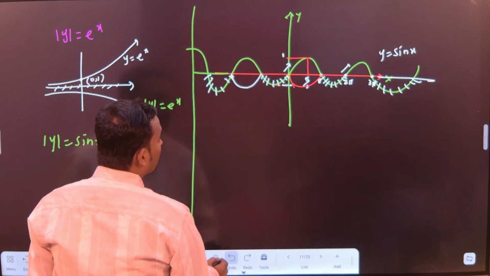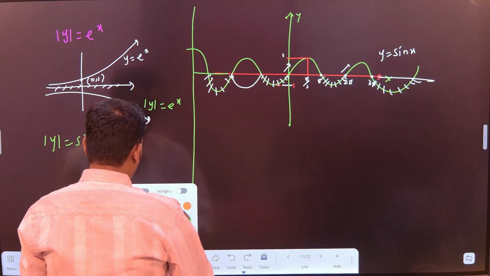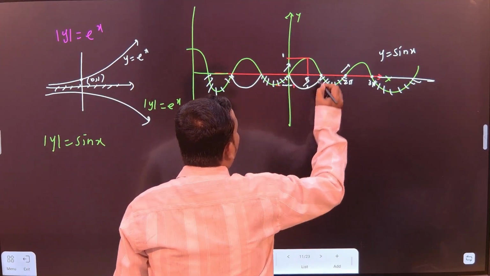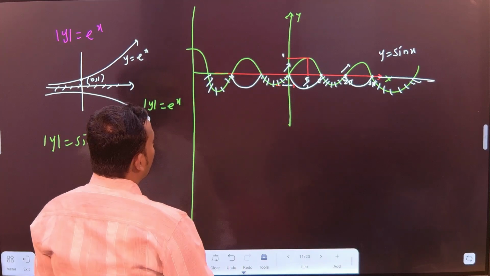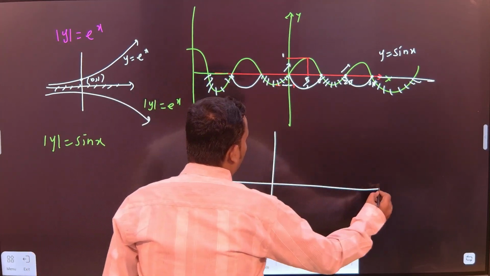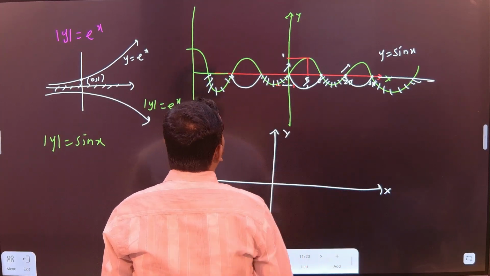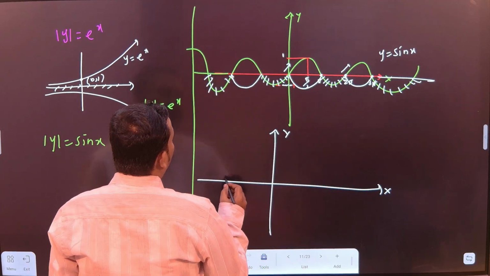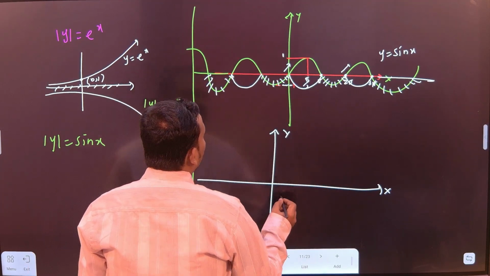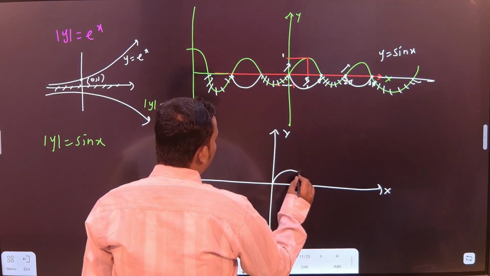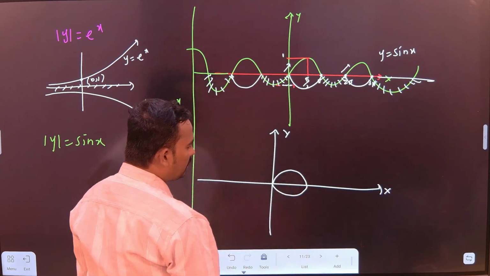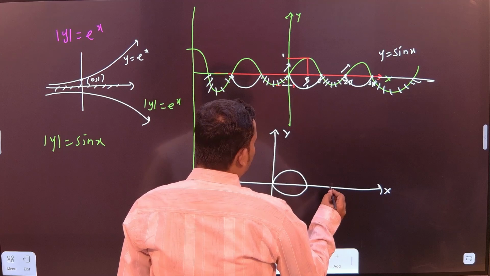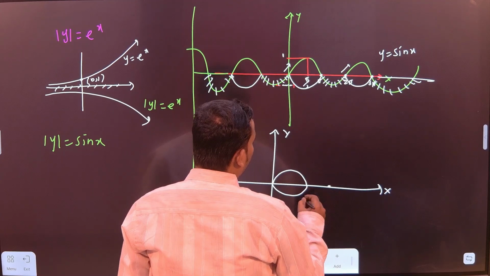Okay, let me take another color. Right, this one. Okay, the graph is completely this x axis, this y axis. So here is the positive portion, and here the negative portions. You can take the image of that, and then here some gap is there, negative here will come.